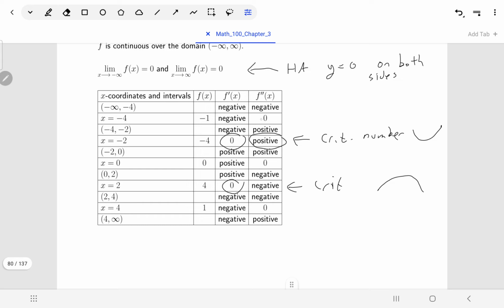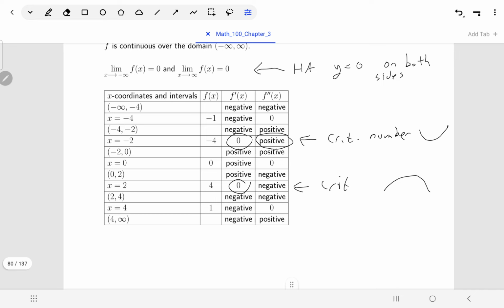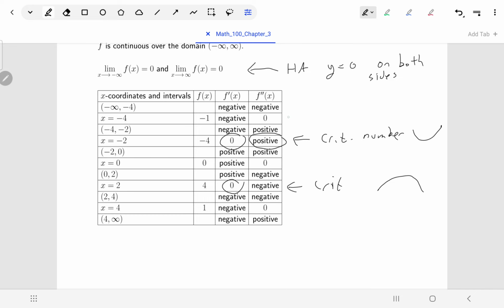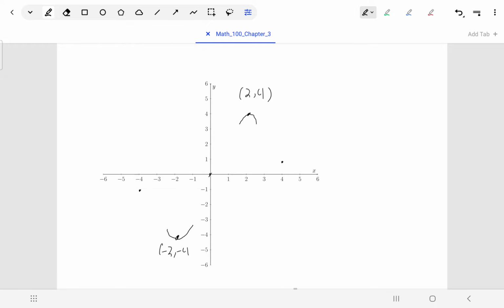And at -4, that's where we're switching concavity. In other words, we happen to have a point of inflection at (-4, -1). So let's draw that in. Concave down, switching to concave up. I'm going to make that look a little bit smoother.